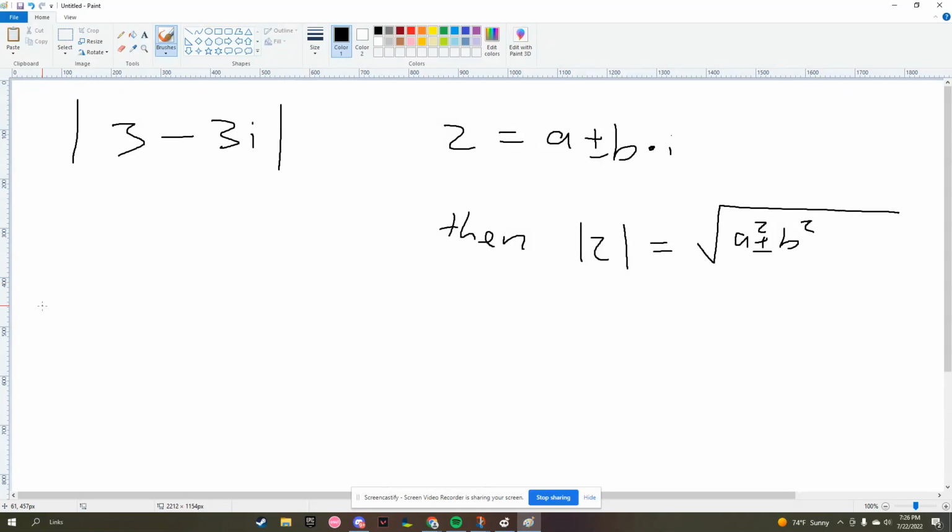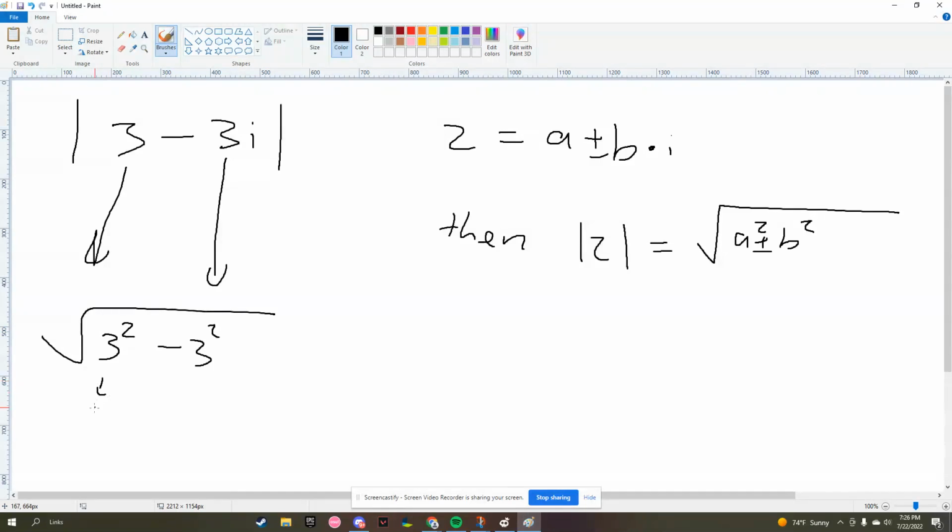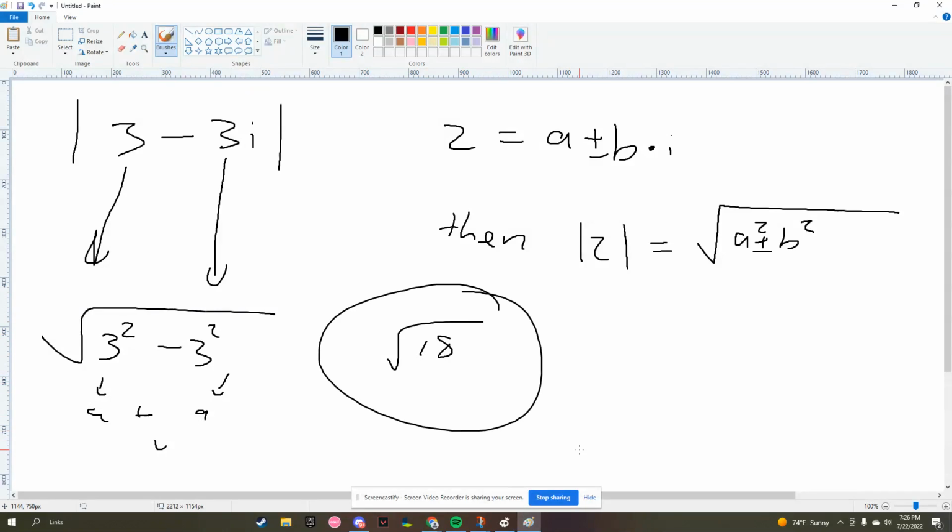So as seen here, we'll just bring this over. We have the radical of 3 squared plus negative 3 squared, which is 9 plus 9, 18 under the radical, and boom, there you go. The absolute value of z in this case is radical 18.